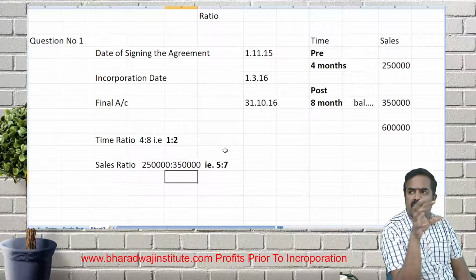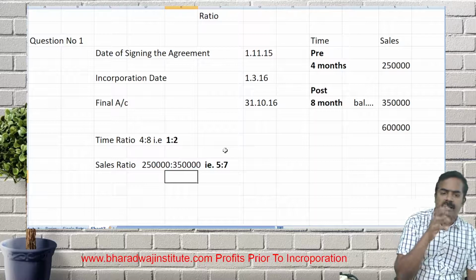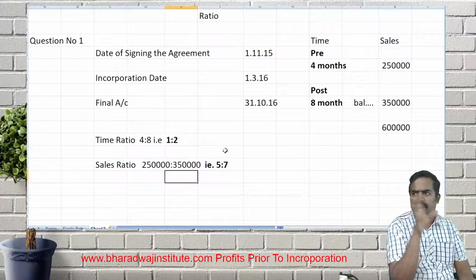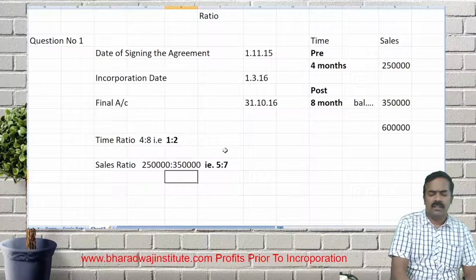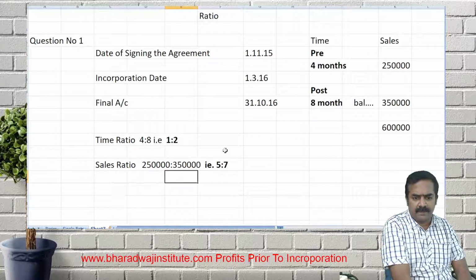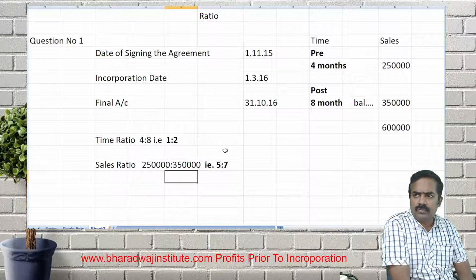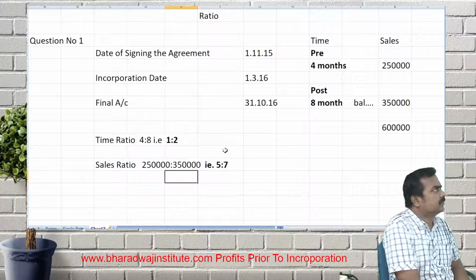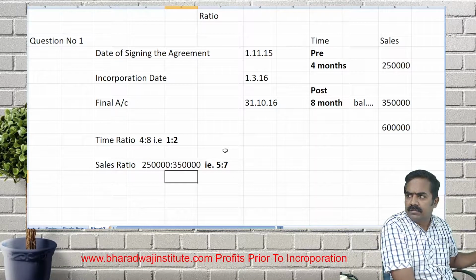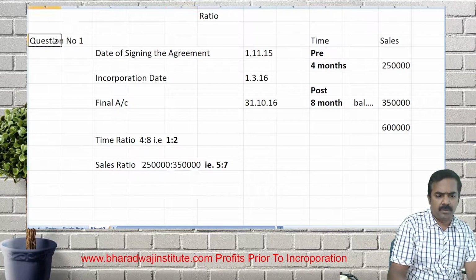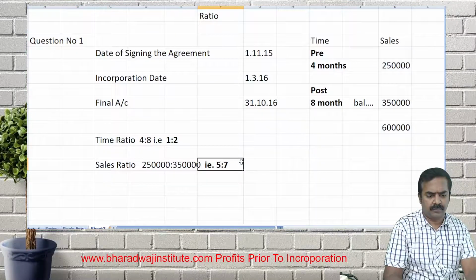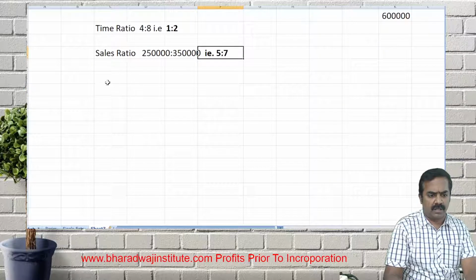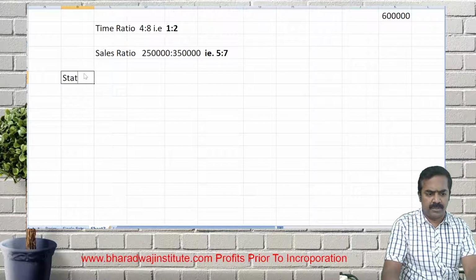We can prepare the P&L account in columnar format or in statement format. We can do it in a statement format itself. Statement format, income minus expenses, that method. Start. Statement showing, please do it along with me.